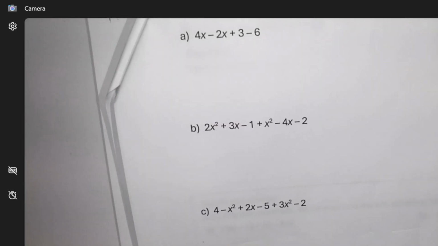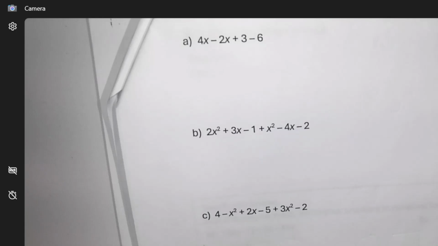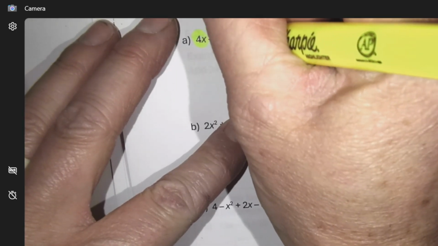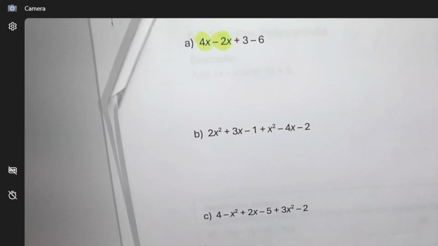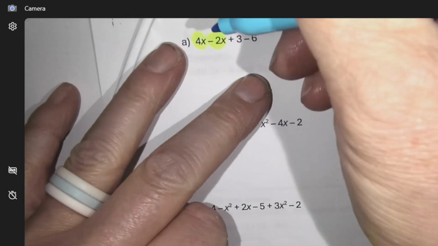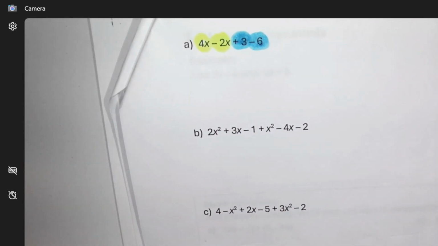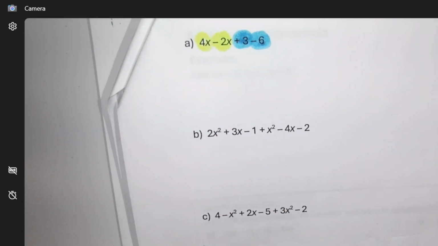So, combining like terms. You can only combine things that are the same. So, a 4x and a minus 2x, those are like terms. And there's a 3 and a minus 6. Okay, so I'm going to be putting these together.